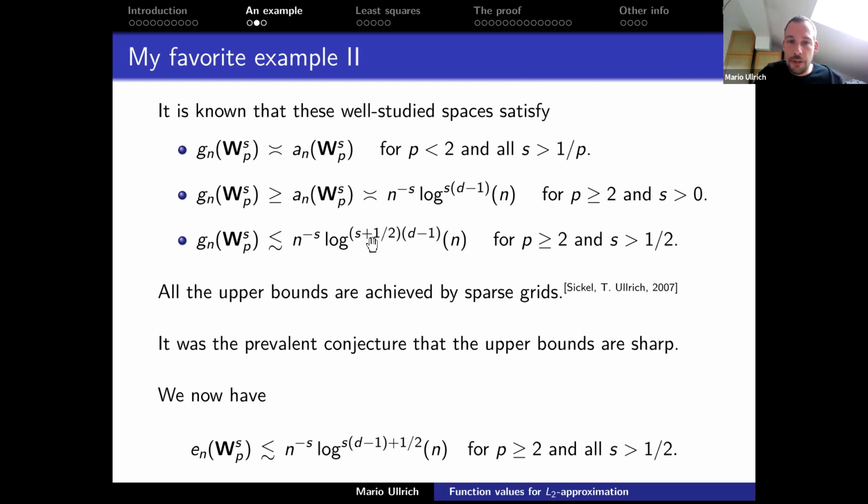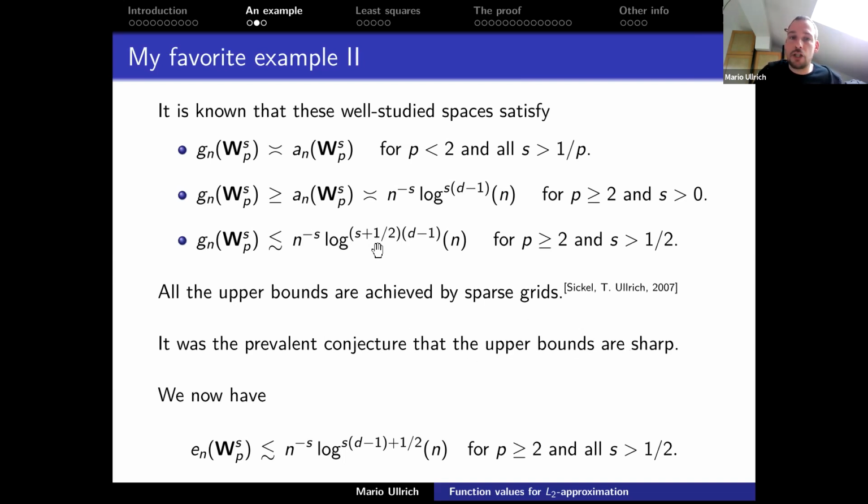And in this upper bound, you see the binomial order is correct. And here you have a logarithm to the power s plus 1/2 times d minus 1. So it's like the s times d minus 1 here, times an additional square root of log to the d minus 1, so an additional log to the d minus 1 over 2. It was conjectured for some time that this was sharp.